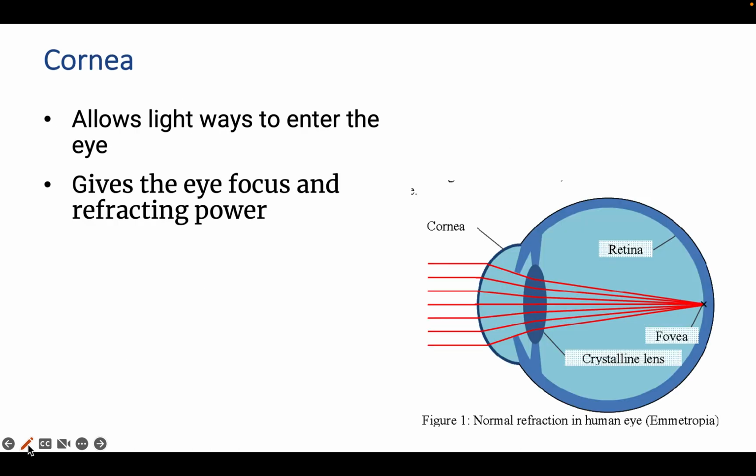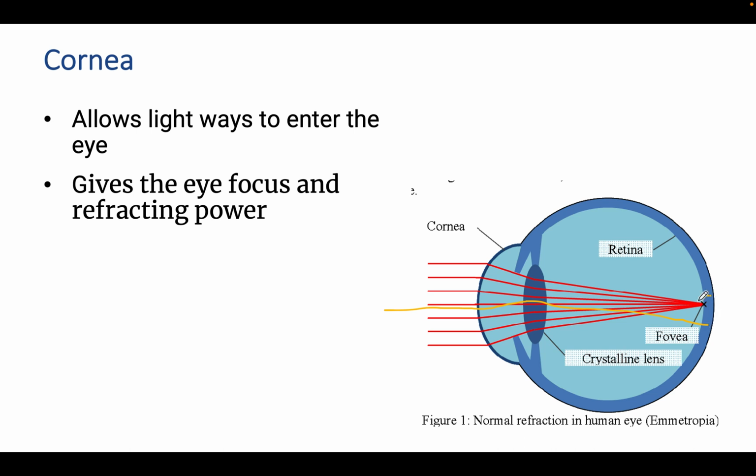All right. So we also see the cornea here. As light passes through, it can refract the light. In other words, it can essentially bend the light and focus it on a specific region. We also have to work in conjunction with our lens, and we'll talk about that. But you can see here, as light comes in, it passes through the cornea, slightly refracting and bending, hits the lens, and then the lens bends it even further.